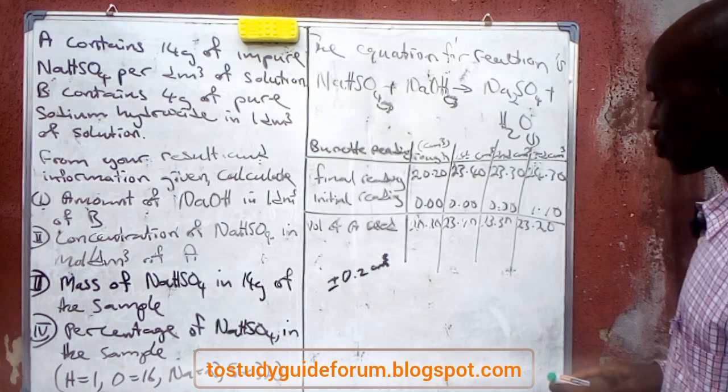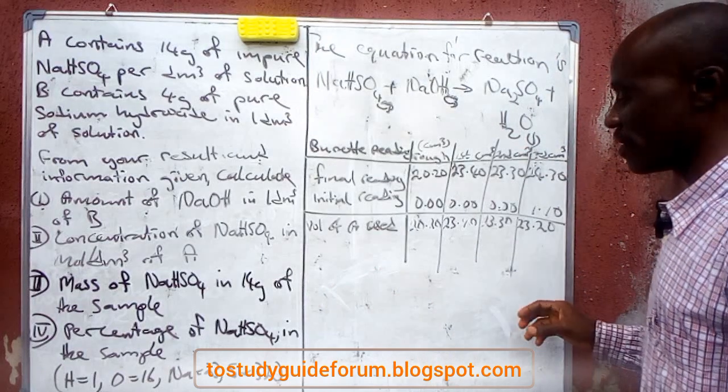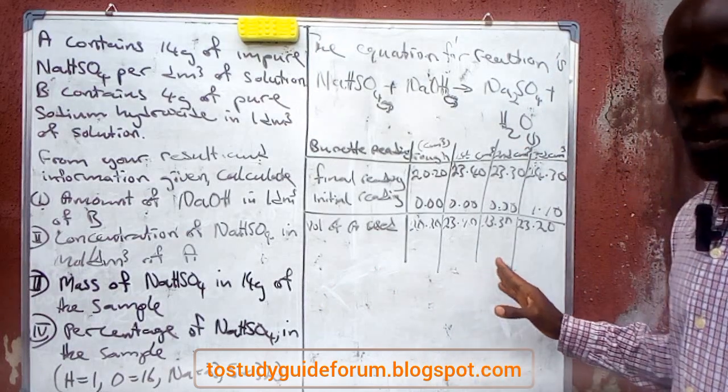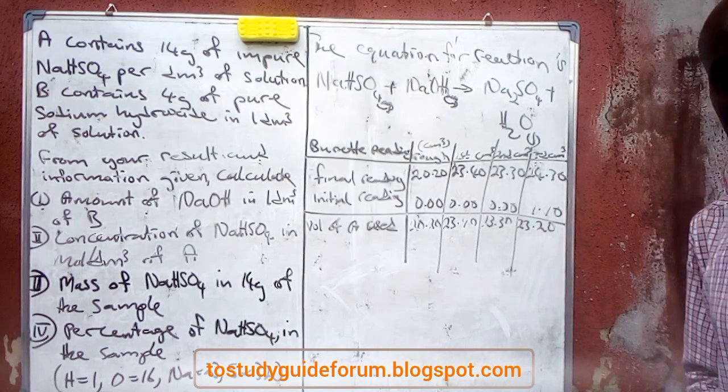From what we have so far, relatively all of them have a difference of not more than plus or minus 0.2 cm3.